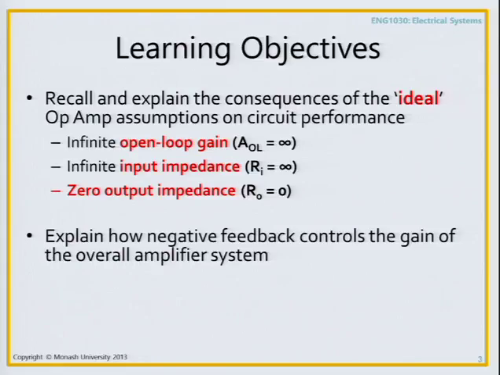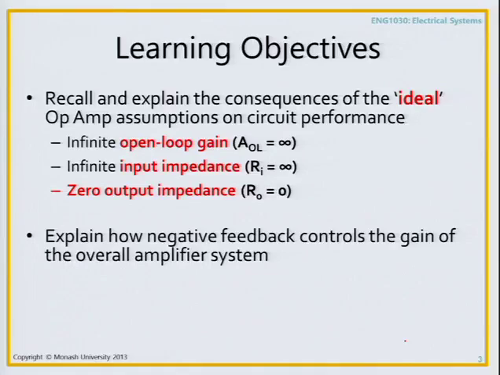So, what you want to be able to do by the end of today is recall what are the three key concepts of an ideal op-amp. And these are listed here. That there's infinite open loop gain. You hear that term again and again. It's an important one.